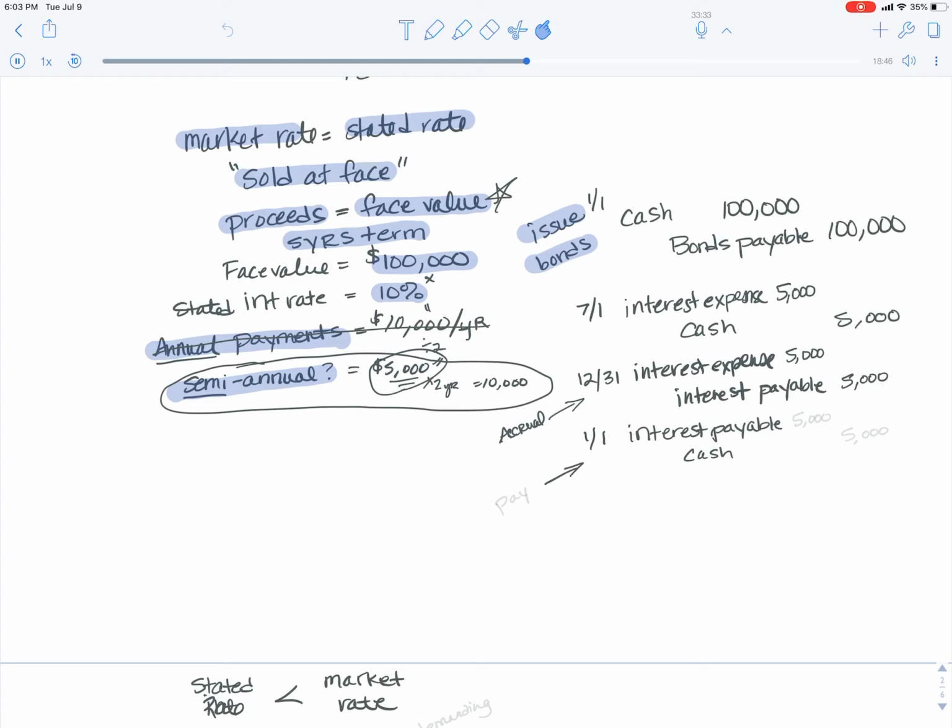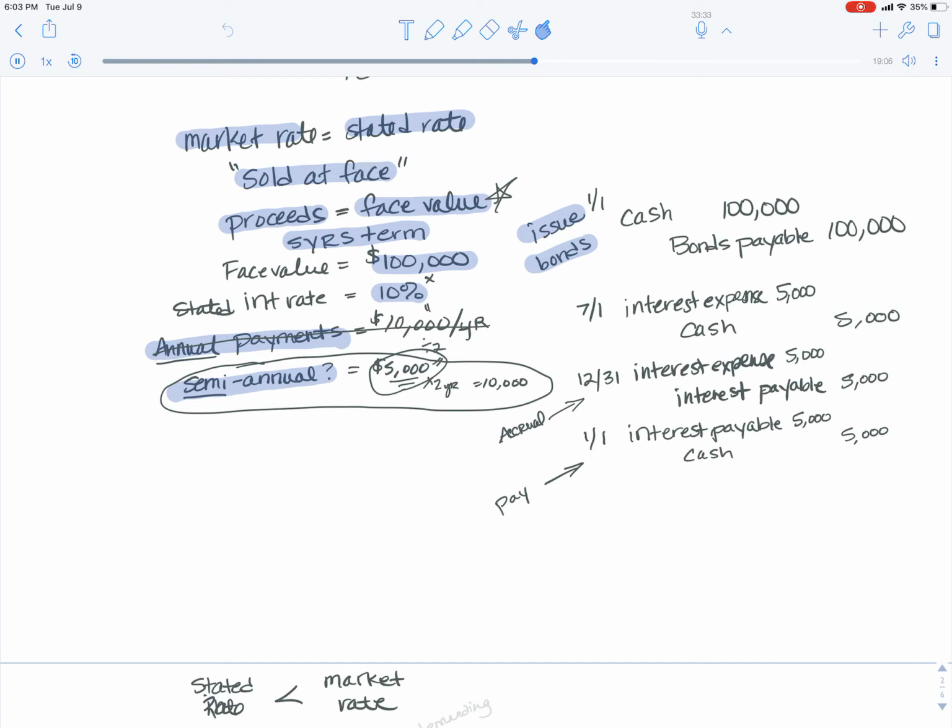And so this is where we pay the payment on the next day. We remove the payment of $5,000 that we owe because now we're writing the check on January 1. So there are some common journal entries for a bond sold at face value.